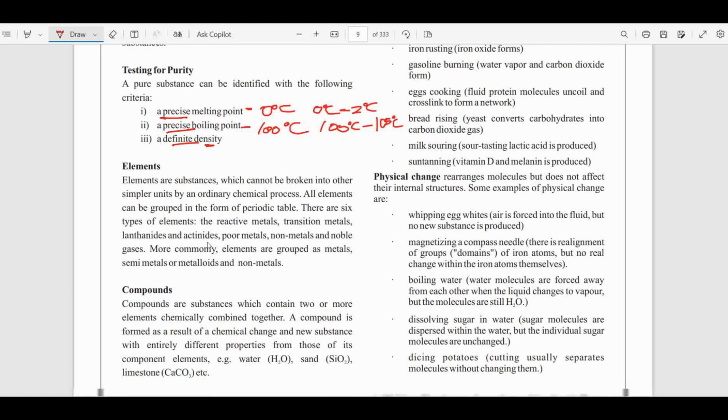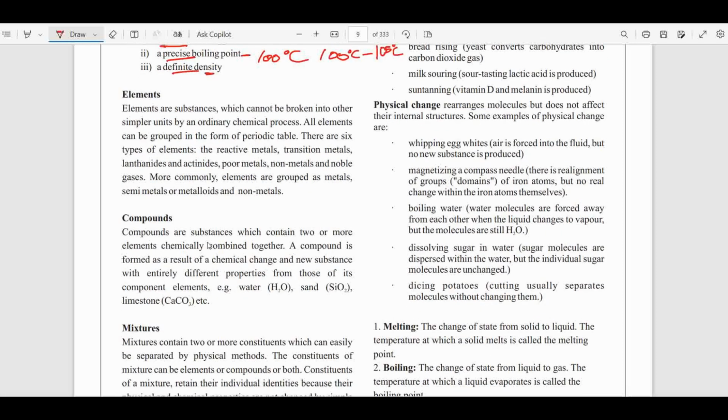Elements are substances which cannot be broken into other simpler units by an ordinary chemical process. In other words, elements are the basic form that a chemical substance can exist in. For example, you have copper. You cannot reduce copper below what it is already.